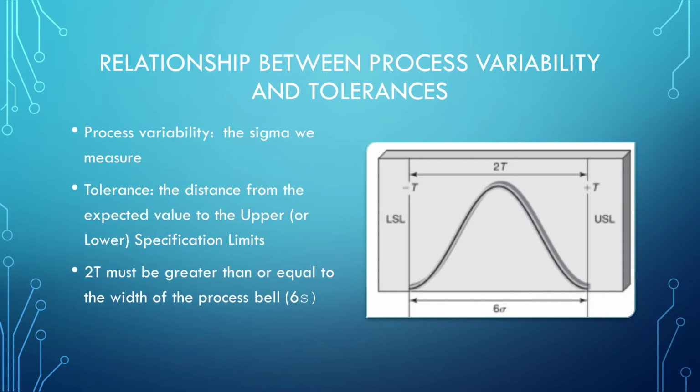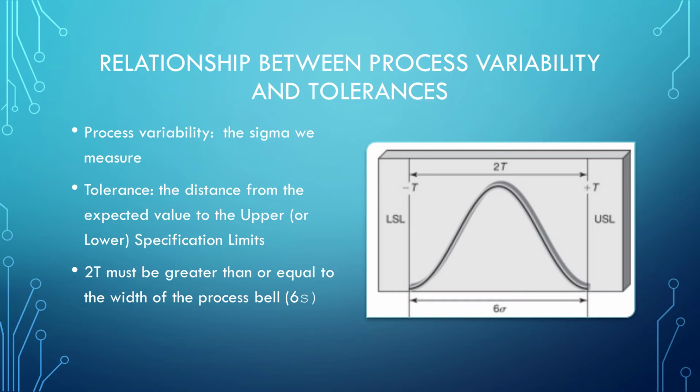So just a quick reminder of the terminology here. Process variability is the sigma that we measure in the process. And tolerance is what the specification limits give us. So tolerance is the distance from the expected value to the upper specification limit or to the lower specification limit.